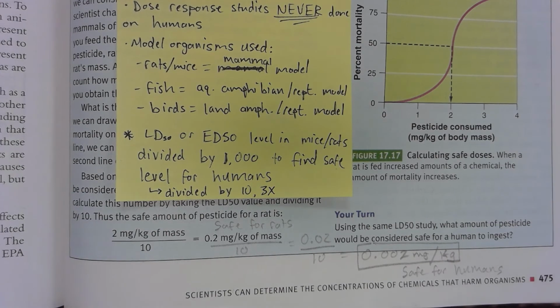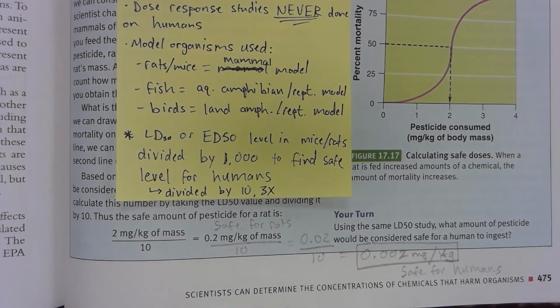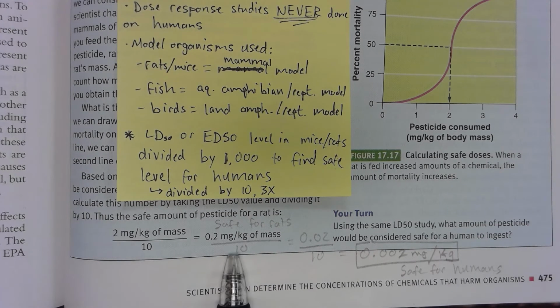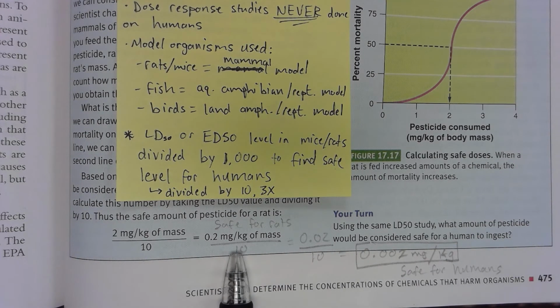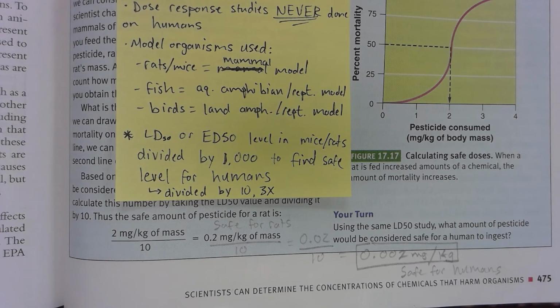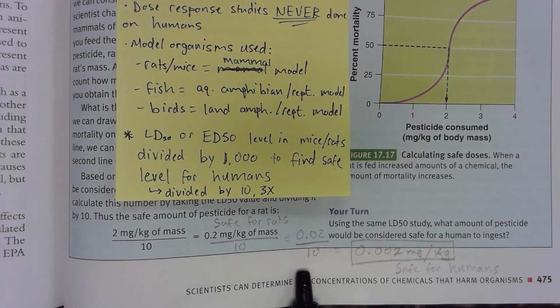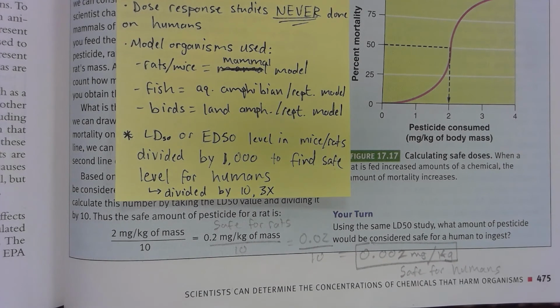So I have this math written in pencil down here for an example of how to do this. We take the LD50 level in rats, we divide it by 10, because we kind of assume, well, if 2 milligrams per kilogram kills half of them, dividing that by 10, a tenth of that, should be relatively safe for rats. We divide it by 10 again to reflect the fact that rats may be less sensitive to this chemical than humans are.